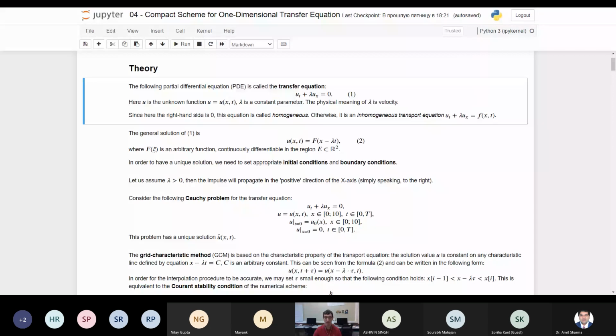Therefore, boundary conditions are required. Here we will assume that the velocity lambda is positive, meaning that the initial impulse will propagate to the right.